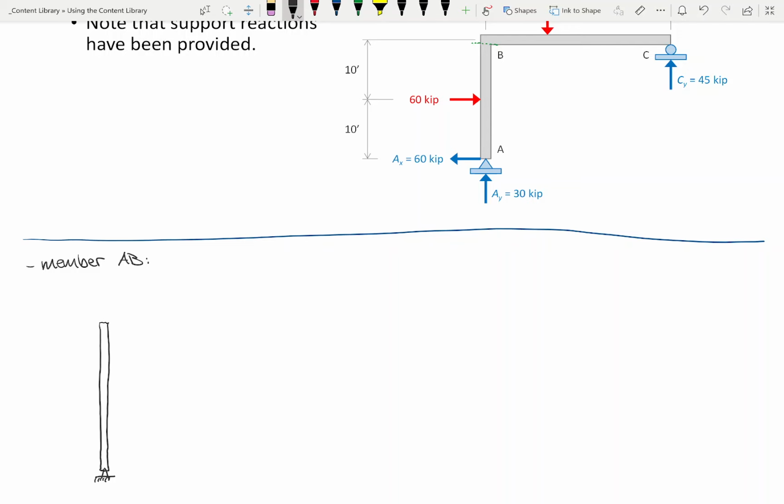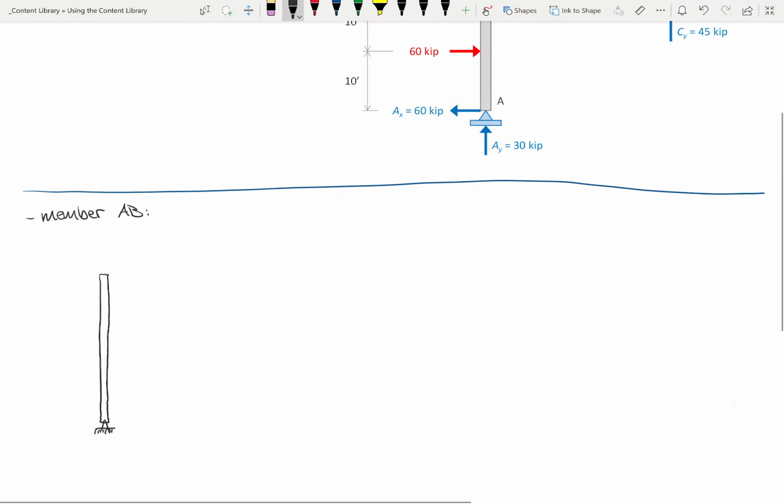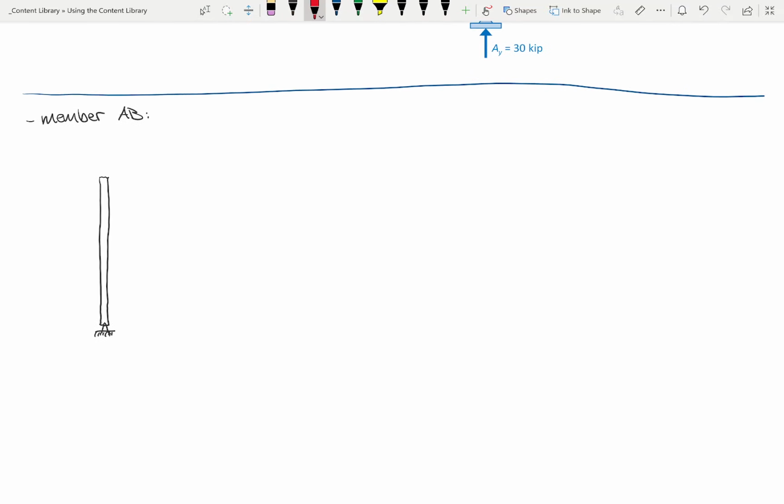So here's our support, and I'm going to draw the known quantities. We'll draw the known quantities in red. So I have a 60 kip reaction here, and a 30 kip reaction right here. In addition to that, I have a 60 kip force right there.